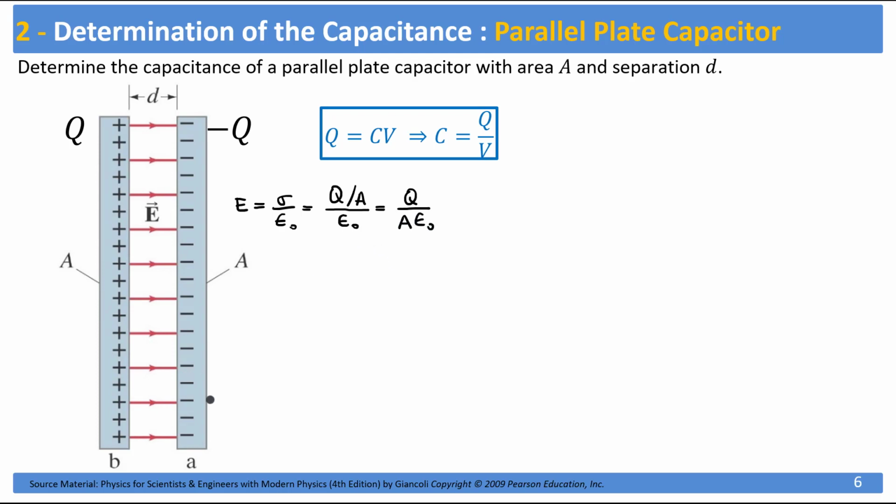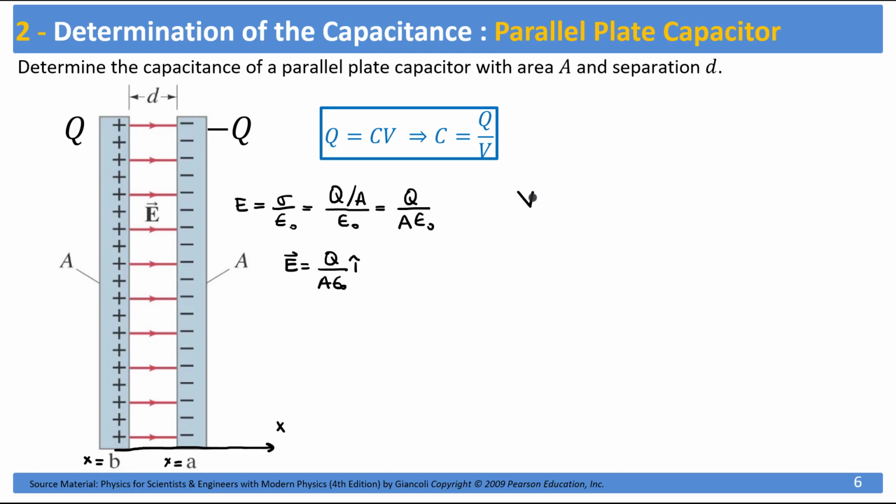And if you choose your x-axis in this direction, then our electric field will be in the positive x direction, and we can express our electric field as a vector as Q over A epsilon 0 i hat, where the negatively charged plate is at x equals a and the positively charged plate is at x equals b, and a minus b will be just our plate separation.